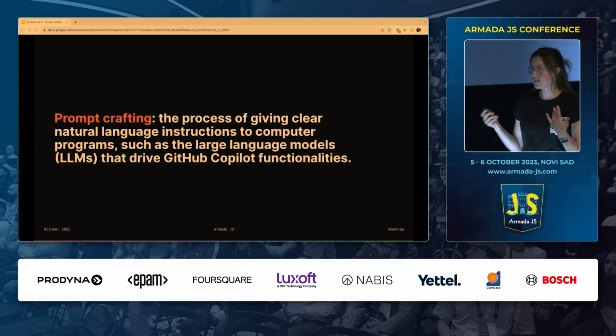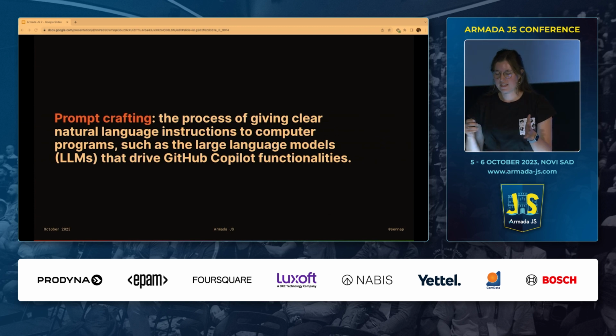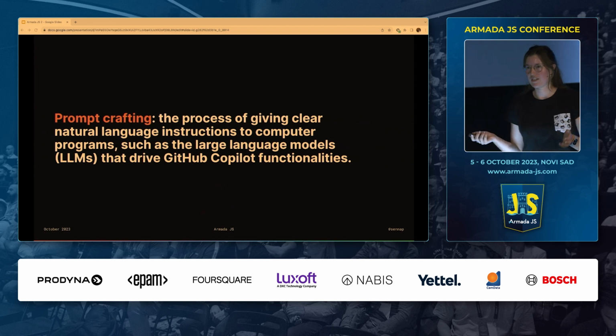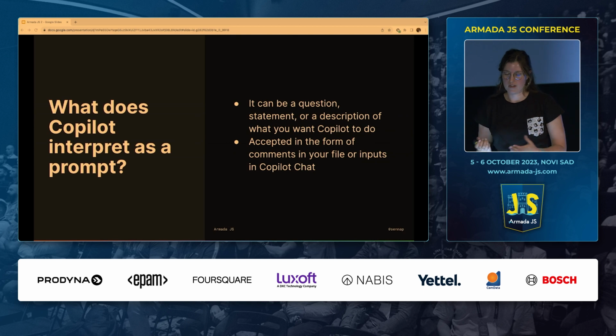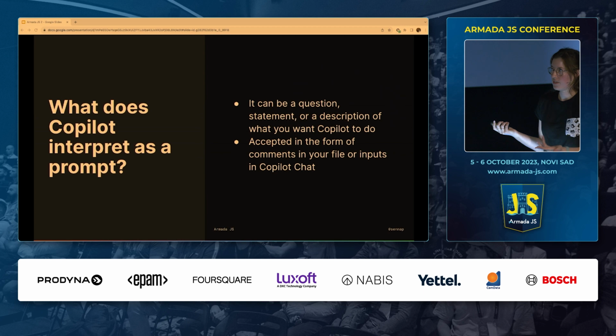So this is the type of thing we're talking about in the context of prompt crafting for a developer. It'll be a different concept if you're talking to a machine learning engineer, but this is for code completion tools within your IDE. If you use ChatGPT, you're probably familiar with what it can interpret as a prompt.